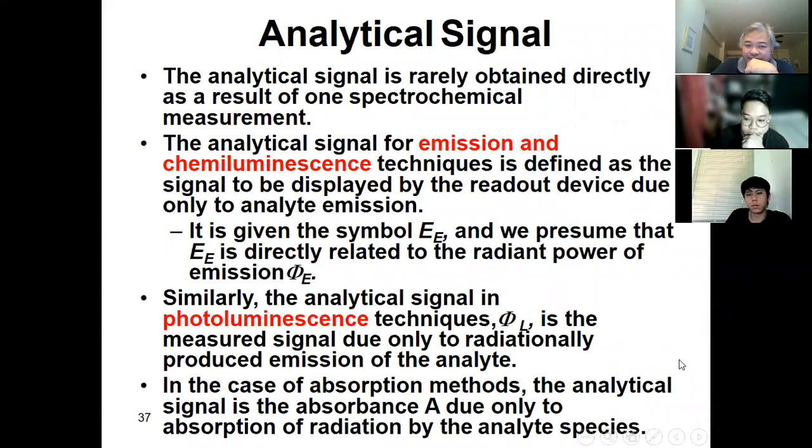Just like everything, the analytical signal that you have is rarely obtained directly as a result of one spectrochemical measurement. It's not the type where you put in the sample and the information you need comes out right away.